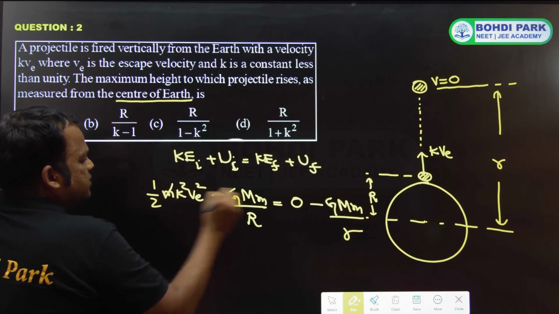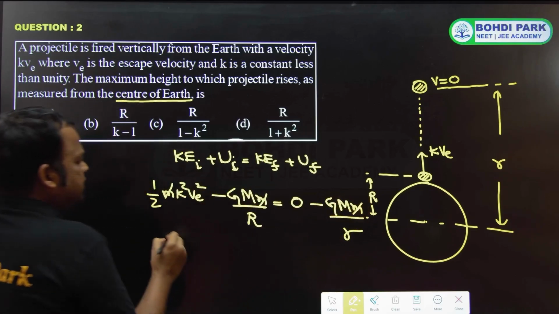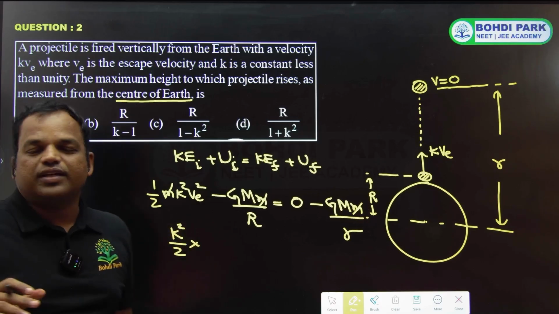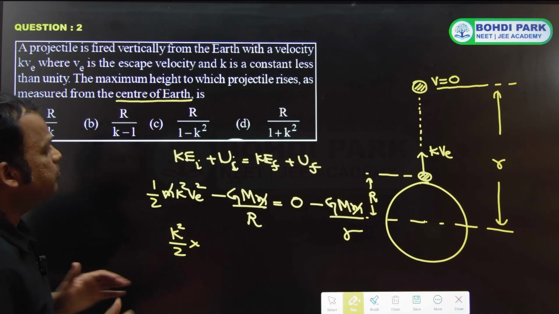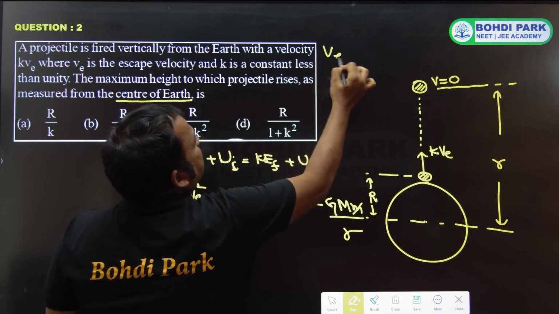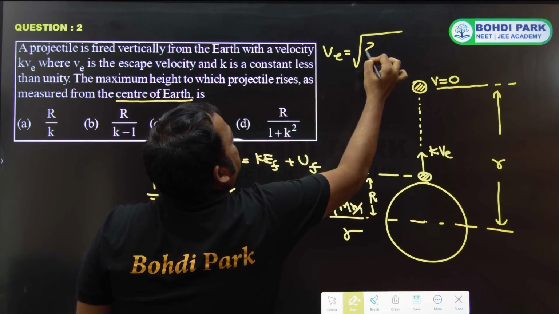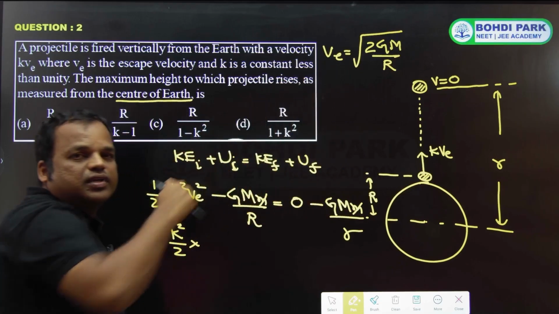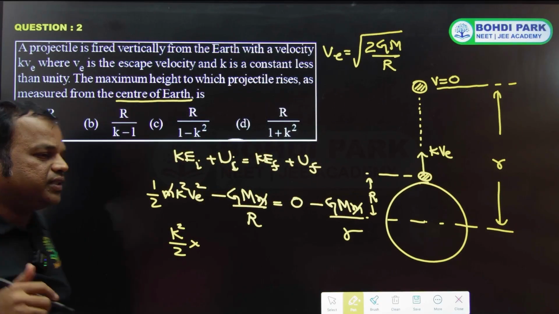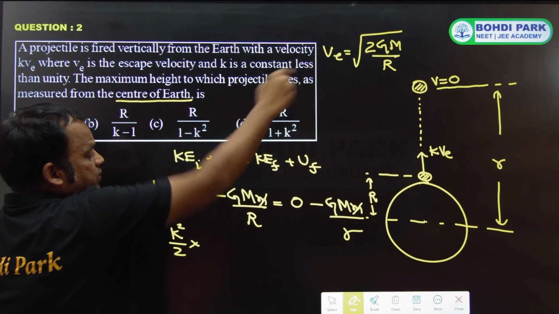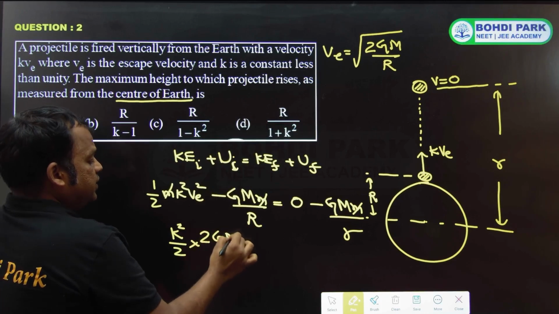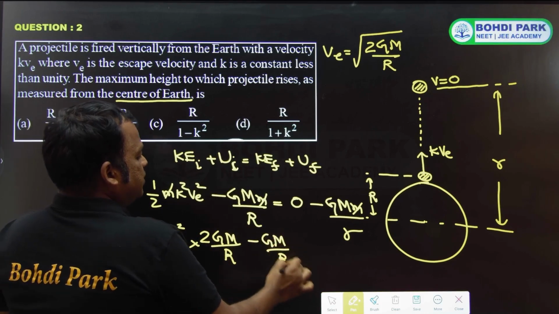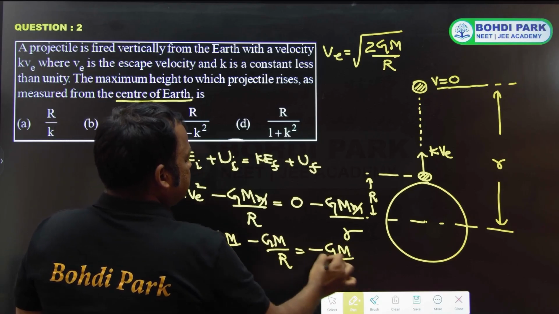So this small m is cancelled on both sides. So k square by 2 into VE square. So we'll put the value of VE. So formula for VE is equal to square root of 2GM by capital R, escape velocity on Earth's surface. So square of that will be 2GM by R. So 2GM by R minus GM by R is equal to minus GM by small r.